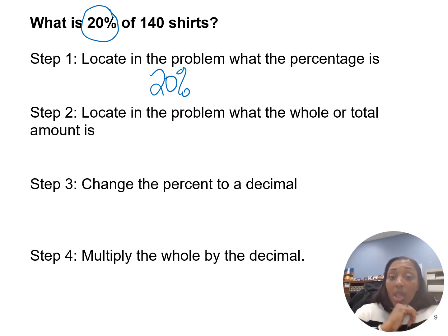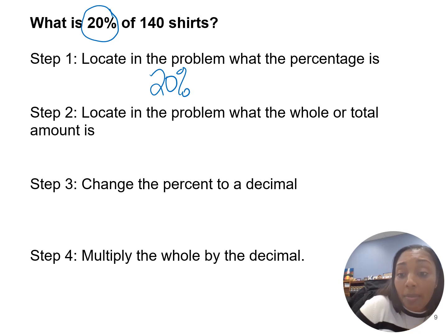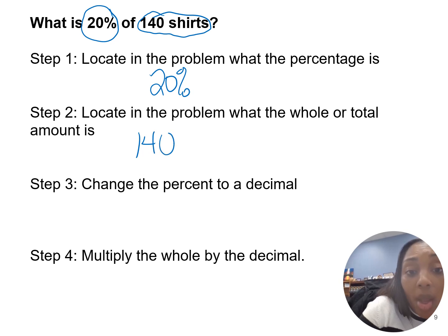So then next we want to locate what is the whole or the total amount. So the total amount is that I have 140 shirts. And so my total or my whole is 140. My next step is to change the percent to a decimal. So 20%, I want to change to a decimal. So I'm going to put that decimal here, hop 2 places.